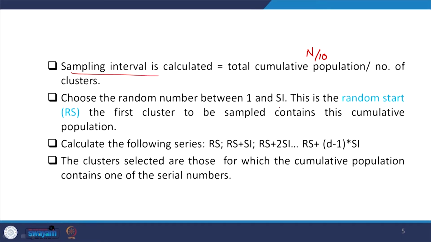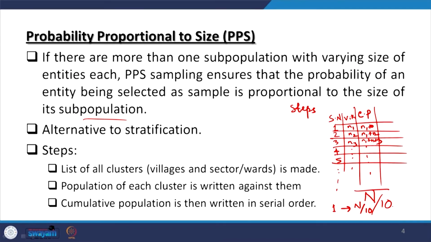Random tables are available, or from a Google random number chart, it will suggest a number, or you simply pick any number. This is called the random start. The first cluster to be sampled contains this cumulative population. Suppose you have got a particular figure out of the total population, find out in which serial number it falls. Suppose it falls in serial number 2, not in 1. That is your starting point.